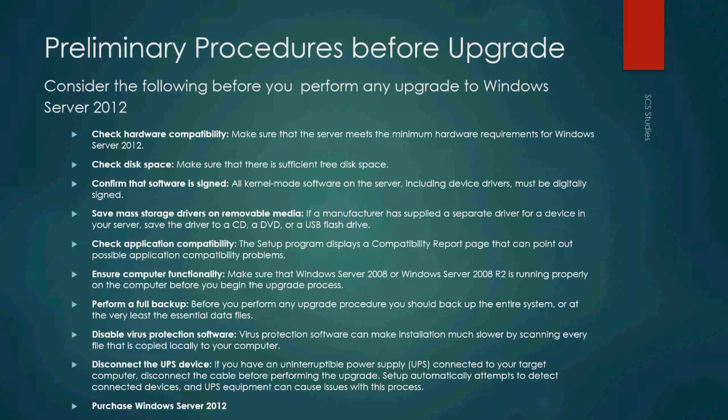The first thing you need to check is hardware compatibility. This is very important. Make sure that the server meets the minimum hardware requirements for Windows Server 2012. If you have any experience with physical server handling, you will know that some servers do not support Windows Server 2012.